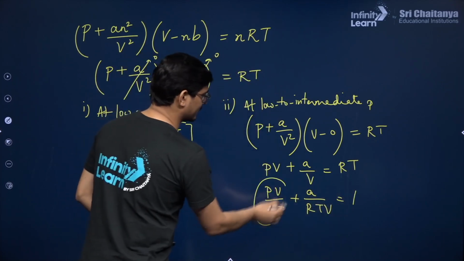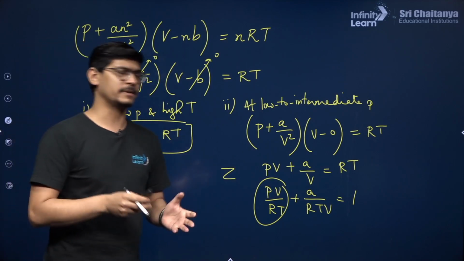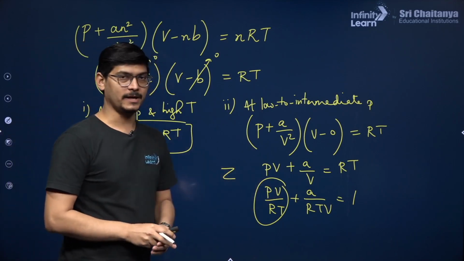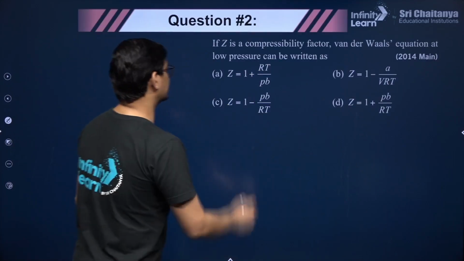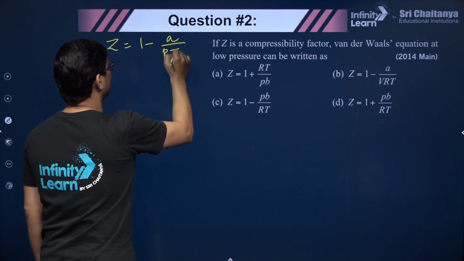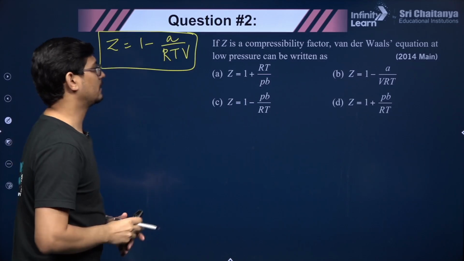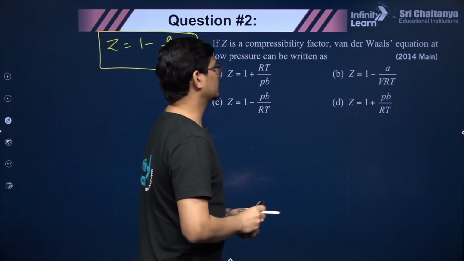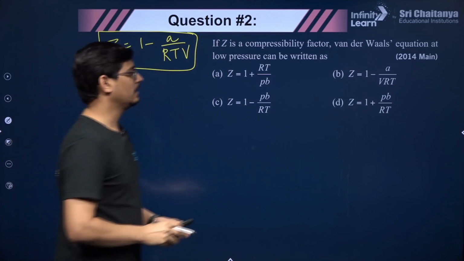And you know Z, the compressibility factor, is PV by RT. So Z plus a by RTV is equal to 1, or Z is equal to 1 minus a by RTV. So this is the expression of compressibility factor at low pressure: Z is equal to 1 minus a by RTV.